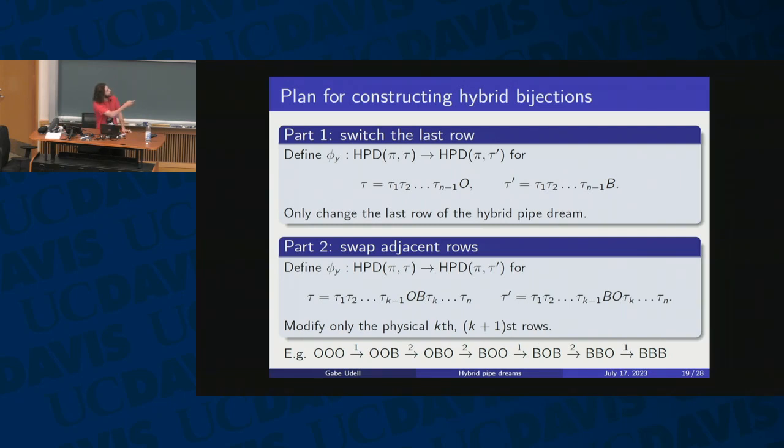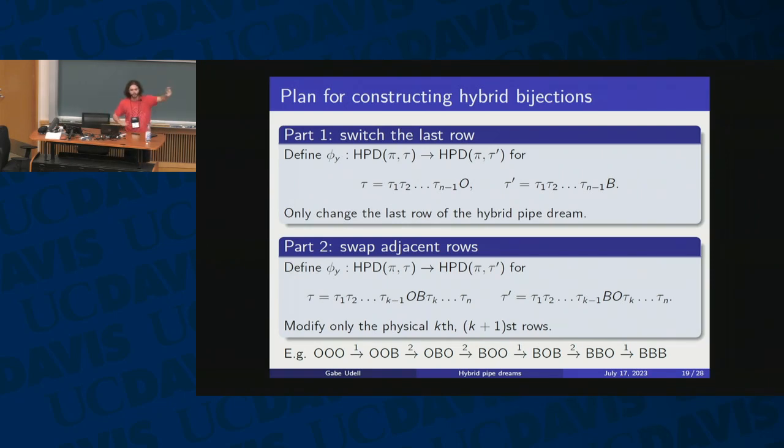All right, so we're going to have two steps. Step 1, we're going to switch the last row. We'll change the last row in a hybrid pipe dream from being ordinary to being bumpless, and we won't mess with any other rows. So we're talking about how we are going to connect different types of hybrid pipe dreams, and this is our first part. Our second part is we're going to figure out how to swap adjacent rows.